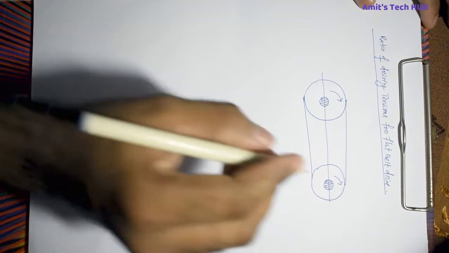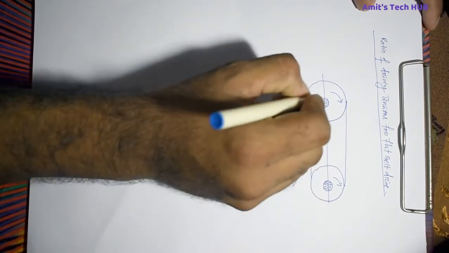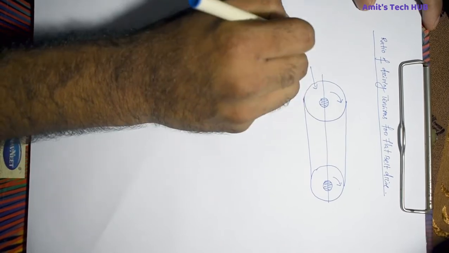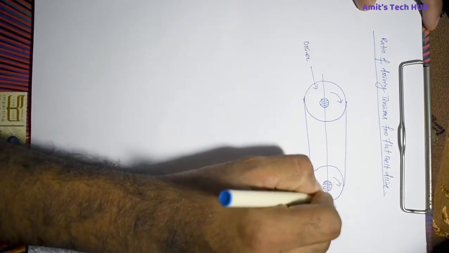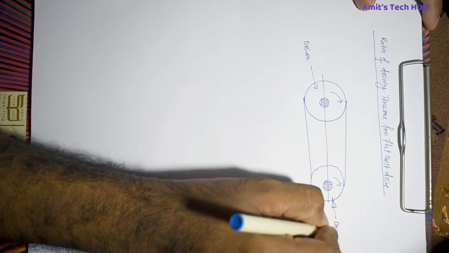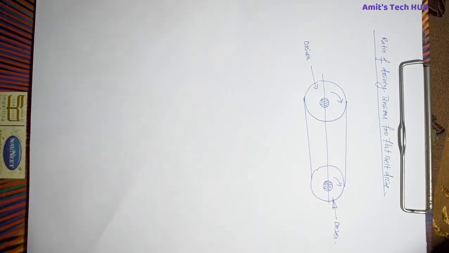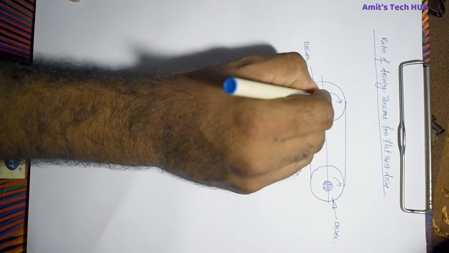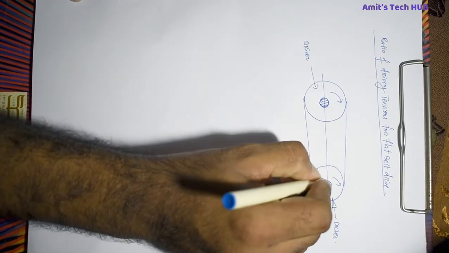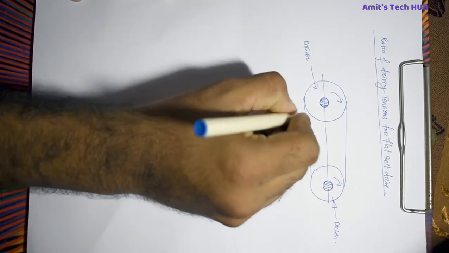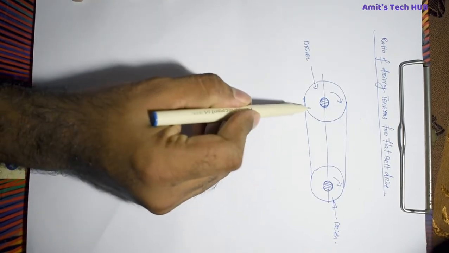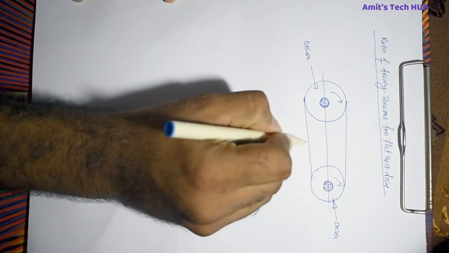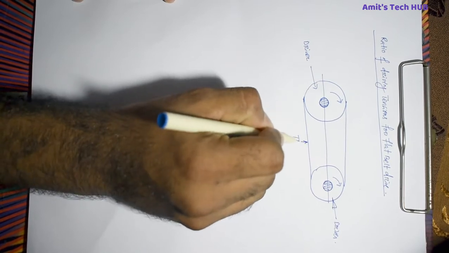Suppose this is the driver pulley and this one is the driven pulley, that means this one is the driving shaft and this one is the driven shaft. According to the rotation of the driving pulley, this will be the tight side of the belt.